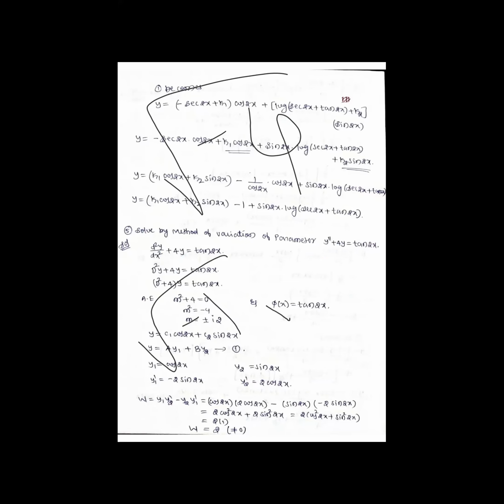So here m square plus 4 equal to 0. M square is equal to minus 4. M equal to plus or minus i into 2, because the square root of minus 4 can be written as square root of minus 1 times square root of 4. Square root of minus 1 is i and square root of 4 is 2.